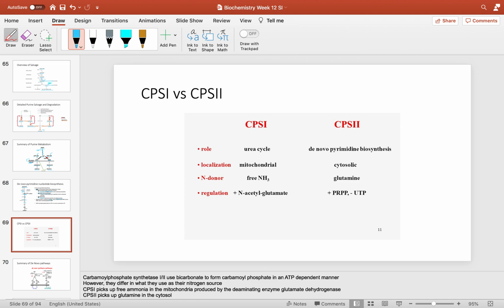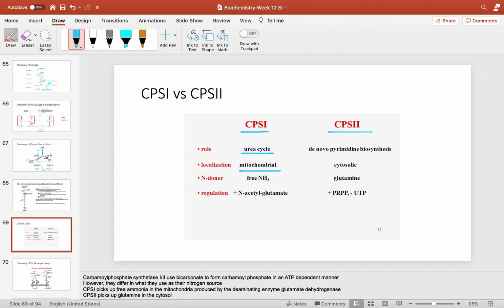So let's go back to that first enzyme in CAD, which was carbamoyl phosphate synthetase 2. I told you guys that this should ring some bells because we looked at CPS1 before. So if you remember, CPS1 was actually found in the mitochondria and was important for the urea cycle. So what it did was there was an enzyme that we used last time called glutamate dehydrogenase, which was a deaminating enzyme.